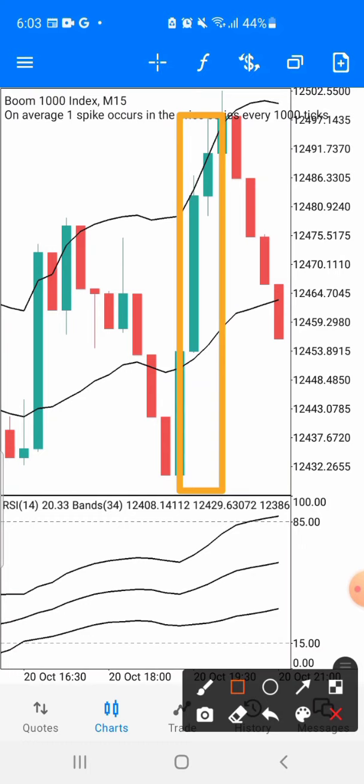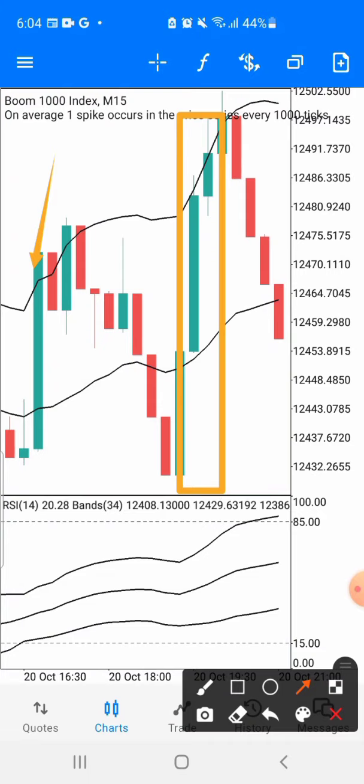Now if you look here, this candlestick closed above our Bollinger Bands. That is the green candle, the bullish candle, closing above the outer bound. So once you see that closing, you are going to be selling. Once you see that the green candle closes clearly above the upper Bollinger bound, then you are going to be selling.